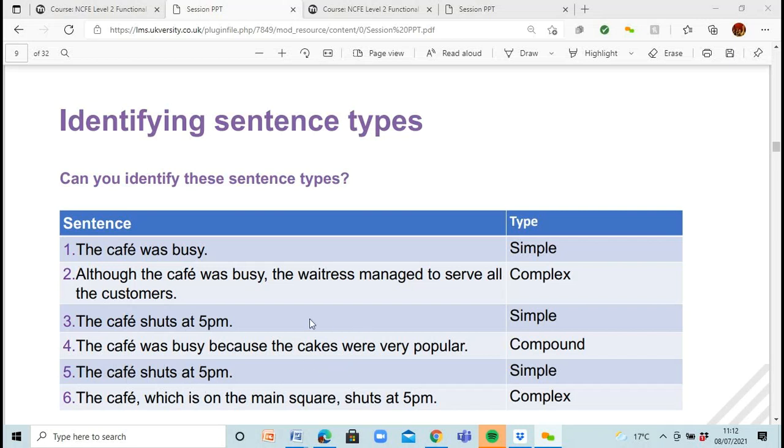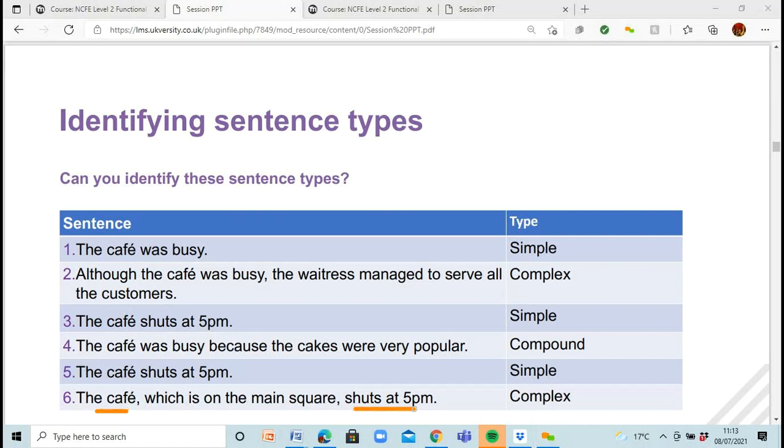And then the cafe shuts at 5 p.m. Again, we've got the same one, simple. And then the cafe, which is on the main square, shuts at 5 p.m. So you've got your main clause over here, which is just the cafe. We know that that's what we're talking about. The main clause is the cafe shuts at 5 p.m. But then we've got a subordinate clause, which is giving us some extra information in the middle.